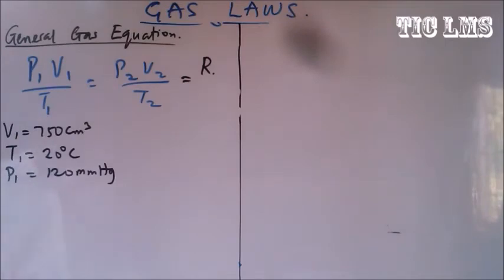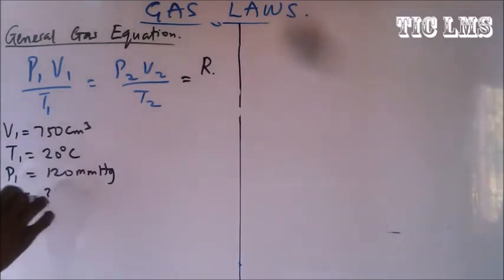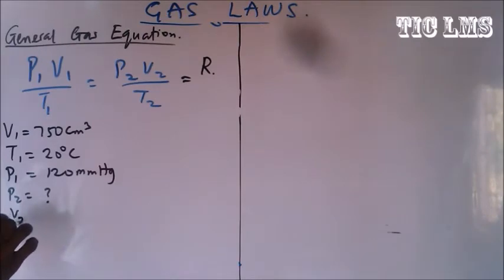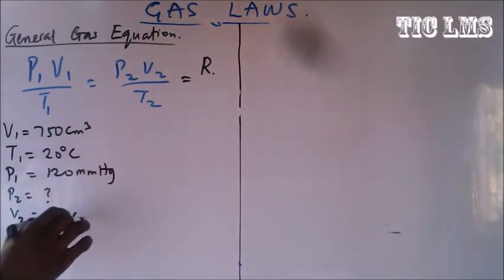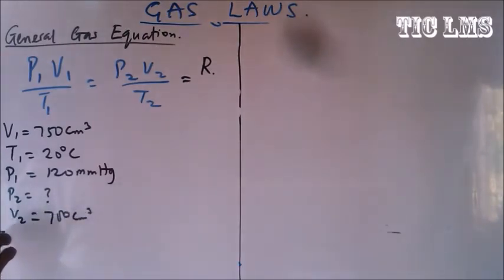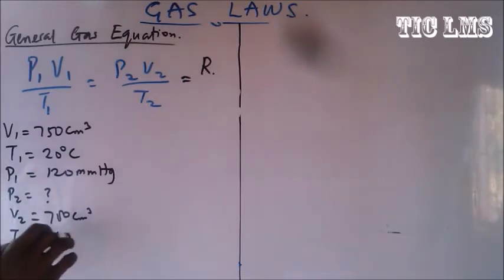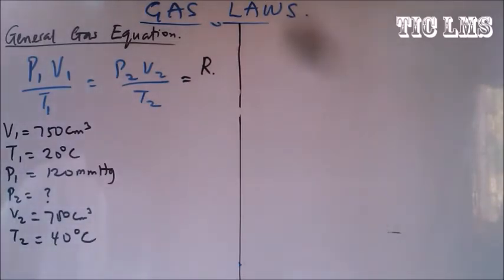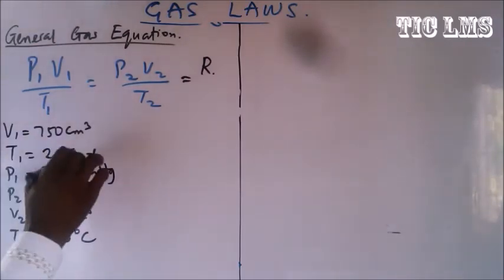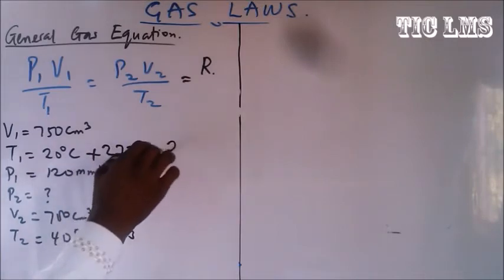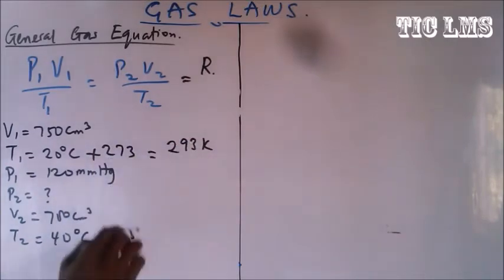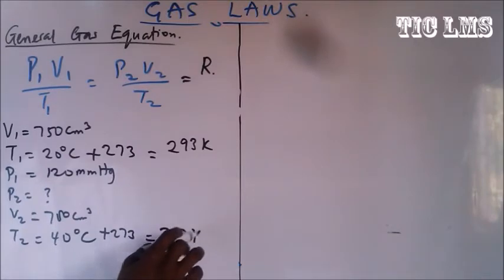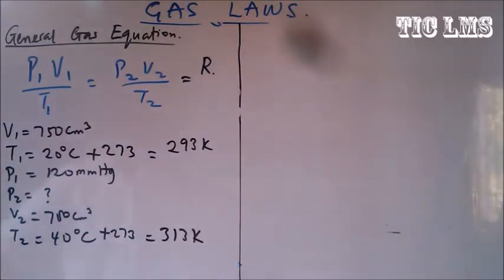Now we have to calculate the new pressure, which is P2, when it has a volume of 700 centimeter cubed and a temperature of 40 degrees Celsius. Alright, so what we'll do first is to convert the degrees Celsius to Kelvin by adding 273. This will give 293 Kelvin and this will give 313 Kelvin. Next, we will substitute our values into this particular equation.